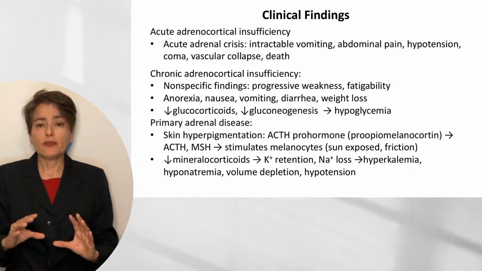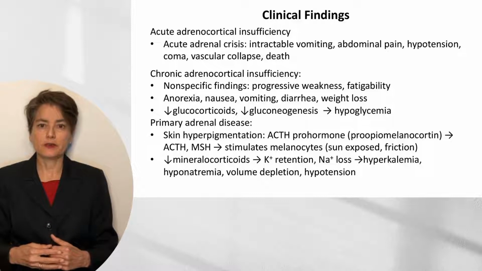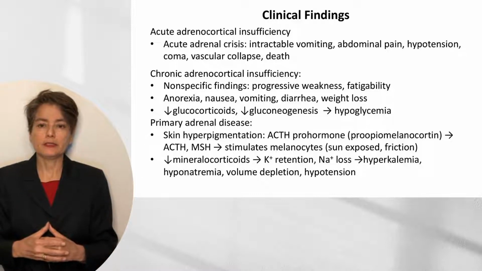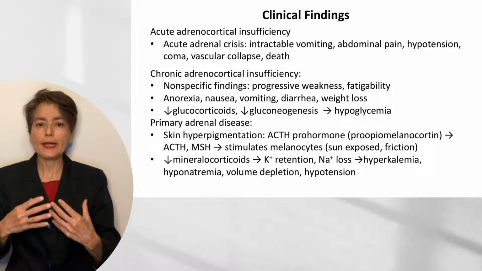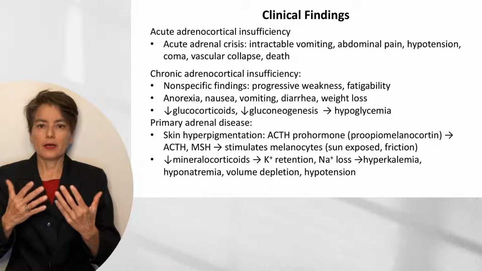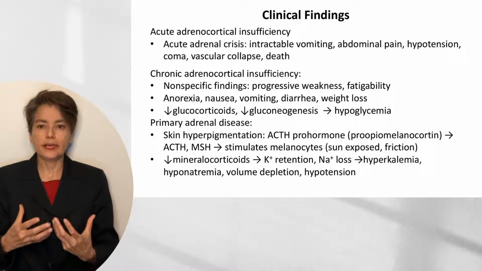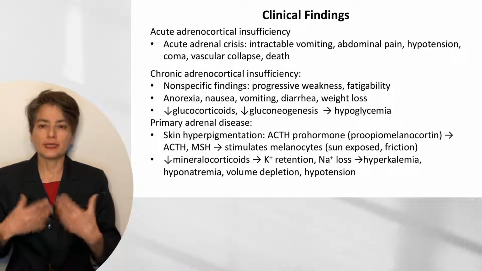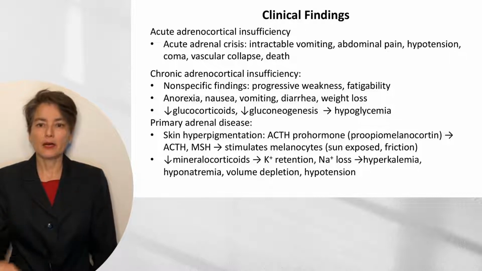Now, I just want to finish up by talking about the difference we see with primary adrenal disease. We talked a little bit about secondary adrenal disease and primary adrenal disease. If we have primary adrenal disease and we have insufficiency, we're going to get increased ACTH production. Remember, the adrenal glands are speaking to the hypothalamus and saying, let's make ACTH, let's make cortisol.